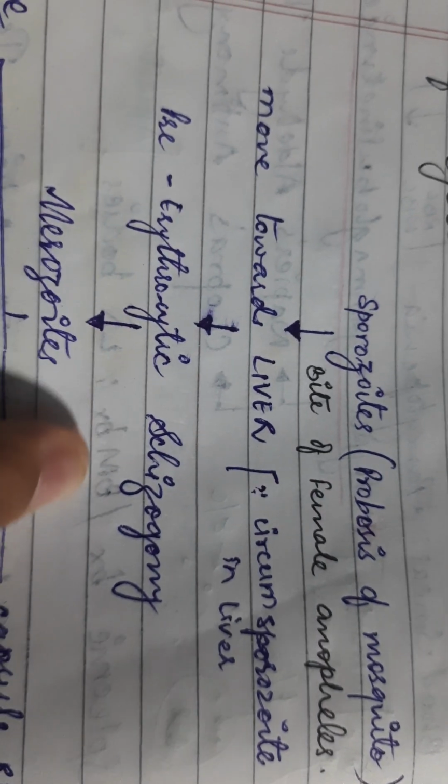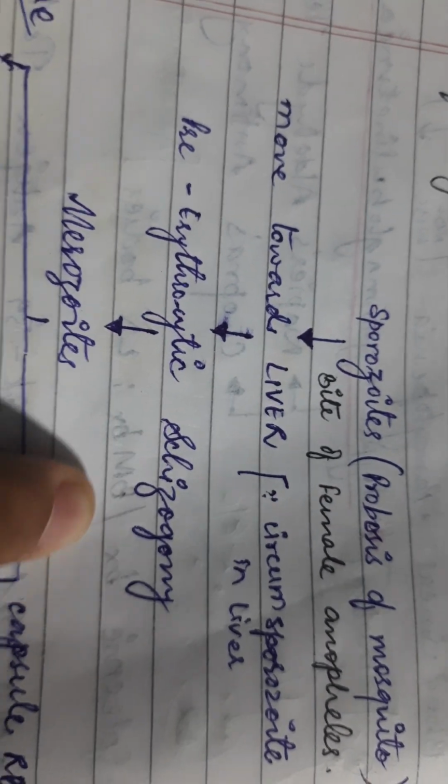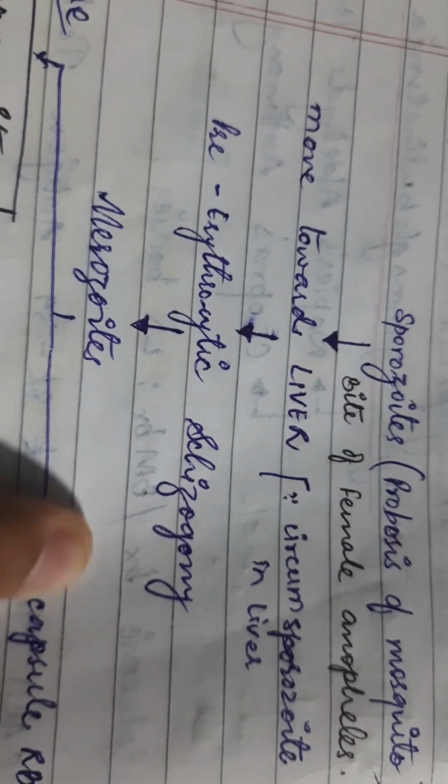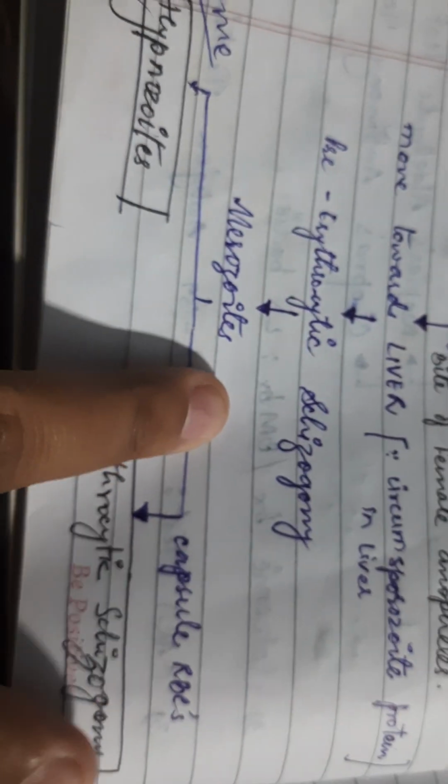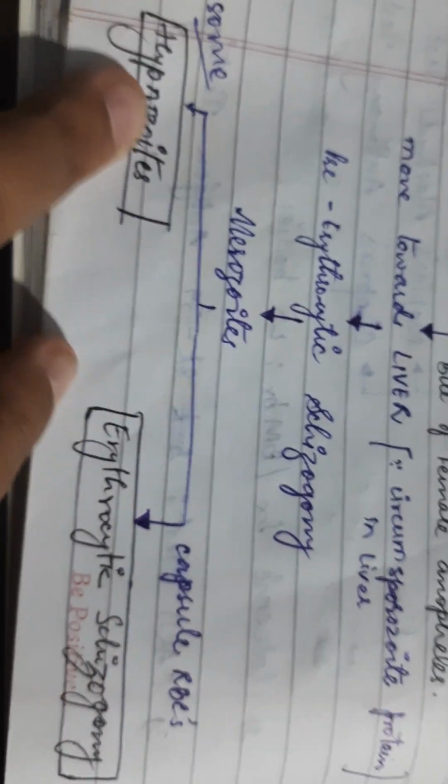Then pre-erythrocytic schizogony occurs, and then merozoites are formed.